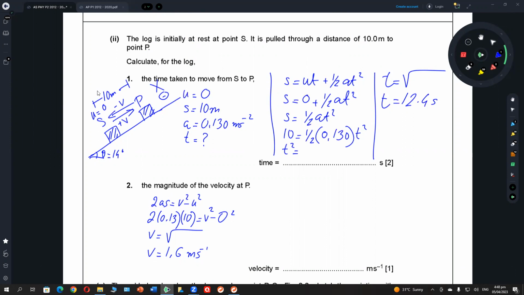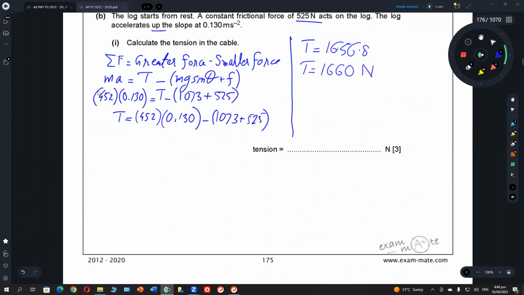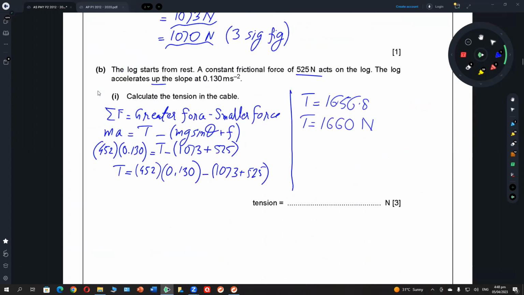The acceleration was, what was the velocity when it was moving? The log starts from rest and accelerates at 0.130, which is a low acceleration.